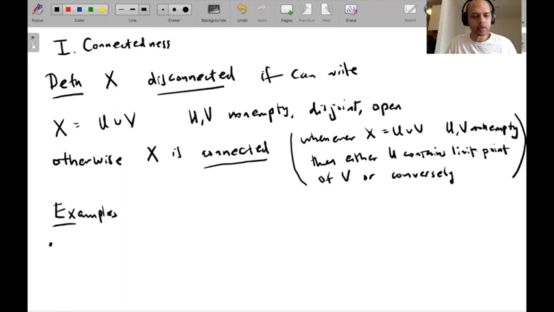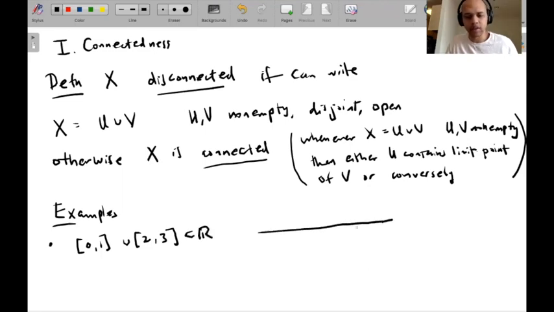So first, let's take this subset of the real line. We expect that this set is not connected, that it's disconnected. And indeed, that is the case.